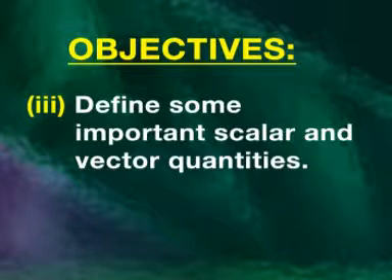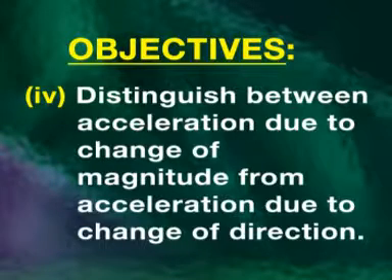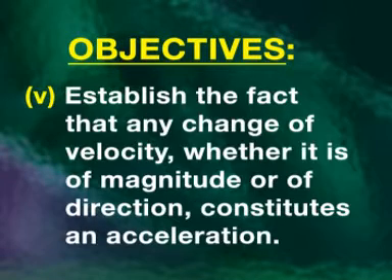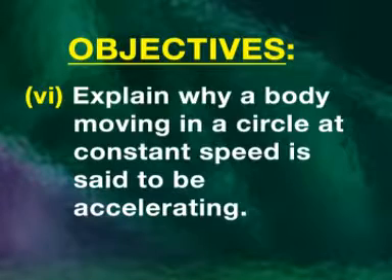3. Define some important scalar and vector quantities. 4. Distinguish between acceleration due to change of magnitude from acceleration due to change of direction. 5. Establish the fact that any change of velocity, whether it is of magnitude or of direction, constitutes an acceleration. 6.